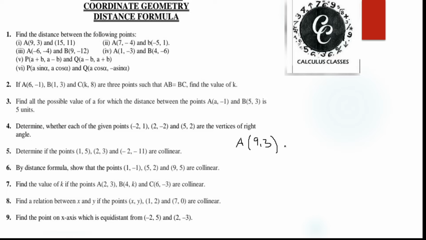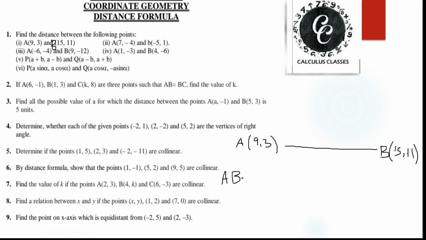I'm taking the first question, and see here B is missing, but B is already written over here. So to understand well, 15, 11. We'll apply the distance formula as we already discussed in the previous section, the first section.